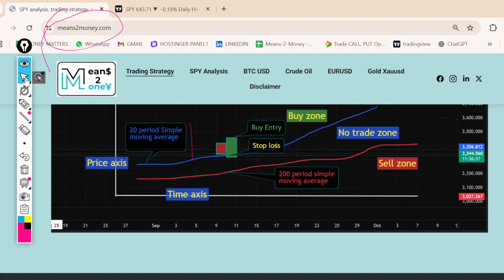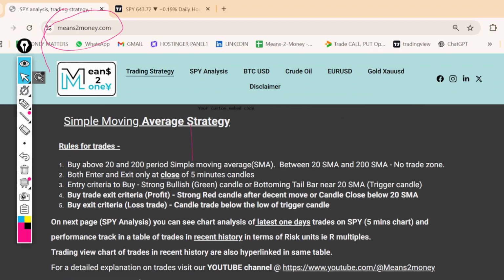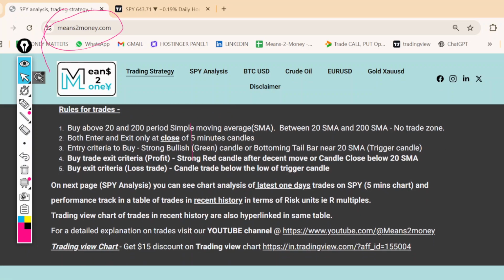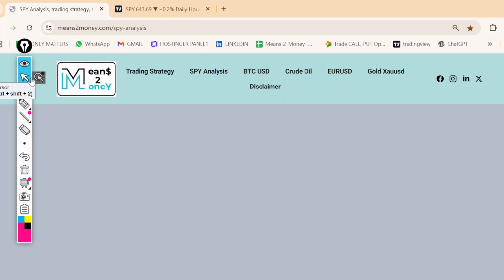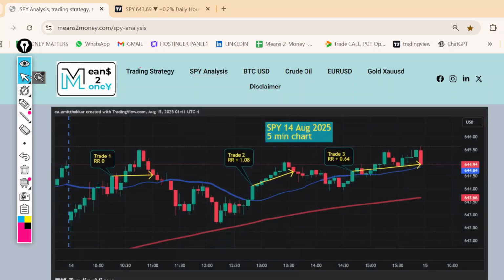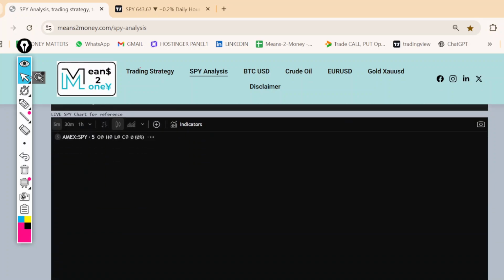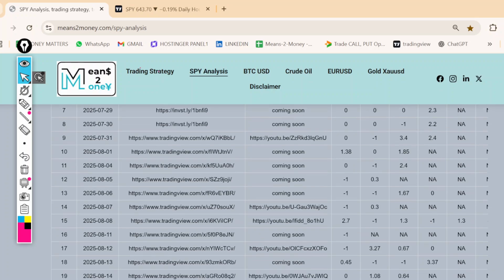If you go to this first page, basically it shows our entire strategy, how to enter the position, how to exit the position, and simple rules for this simple moving average strategy. And then the second page shows the track record. If you see this, we are analyzing trades on 13th August.